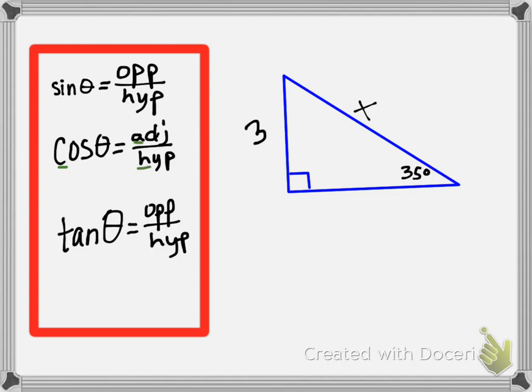And tangent is opposite over adjacent. So the battle cry for trigonometry, SOHCAHTOA, is actually an easier way to remember that.